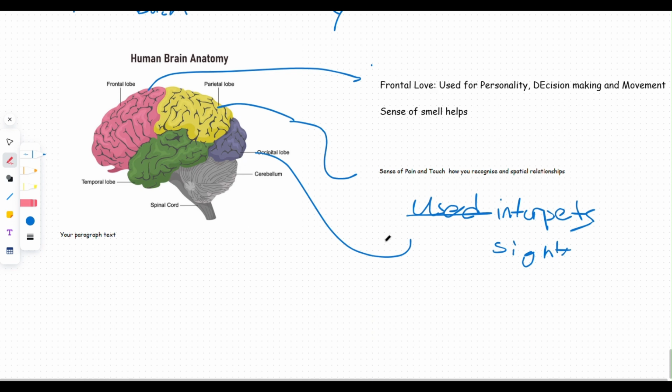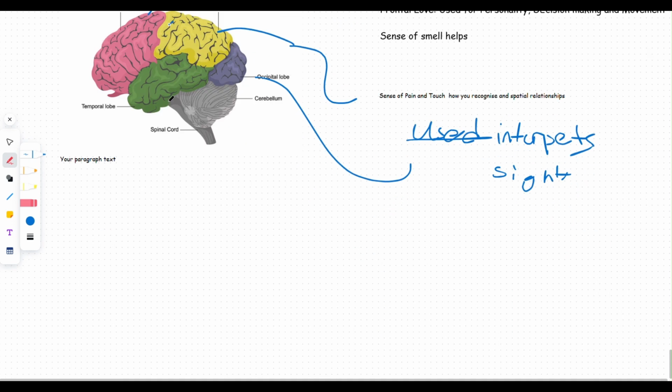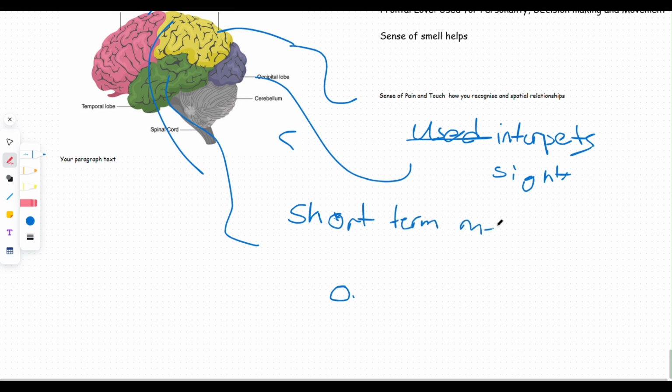Now, your temporal lobe is used for short term memory. That's your temporal lobe.